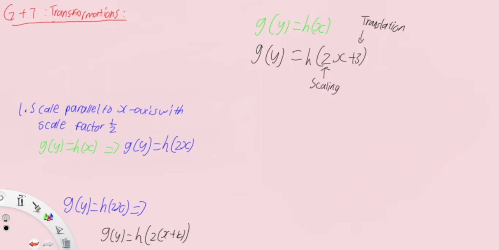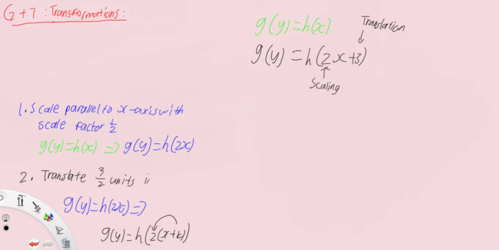Remember, our translation affects the x, and therefore x plus k. You notice that our translation is affected by the scaling factor as well, which means we cannot translate by 3 units. Instead, we must translate by 3 over 2 units.